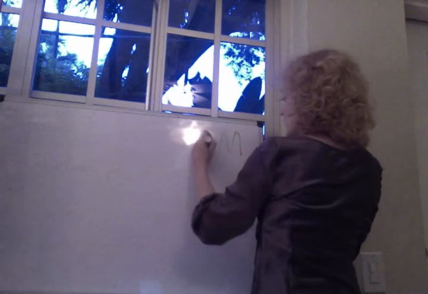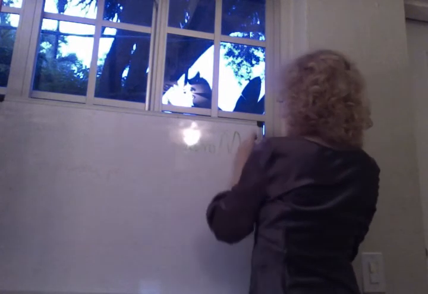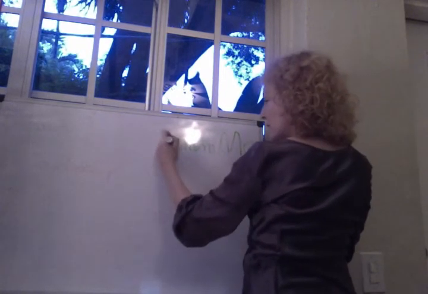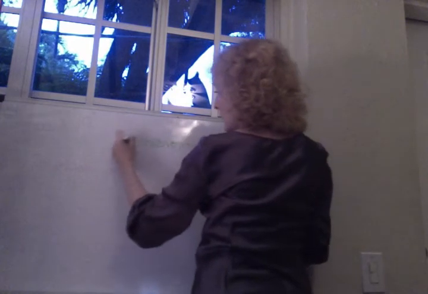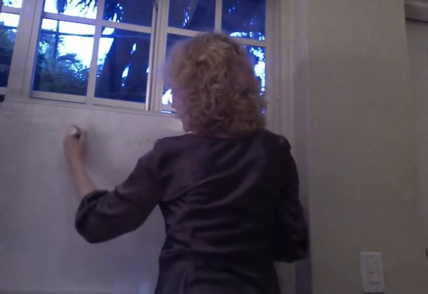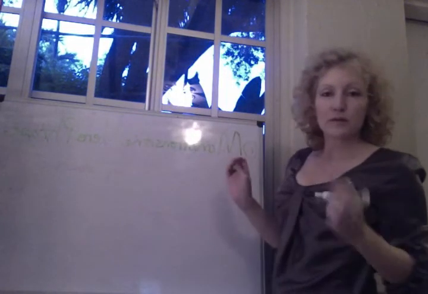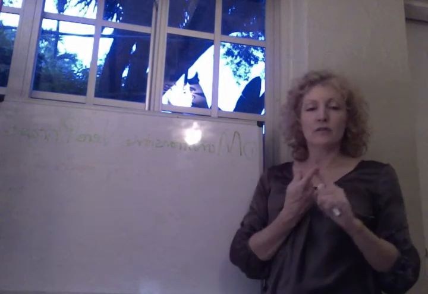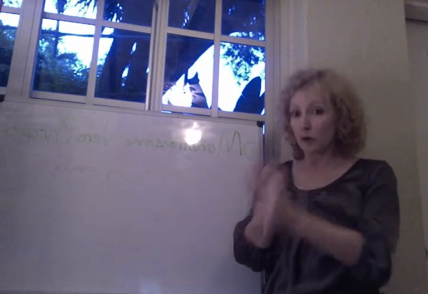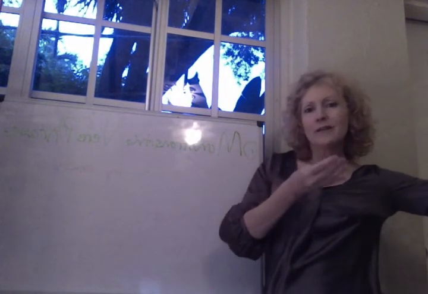So monotransitive, this is our first group. A monotransitive verb phrase is made up of two things. It's made up of, first, the verb group, right? And then we have this idea about complements.